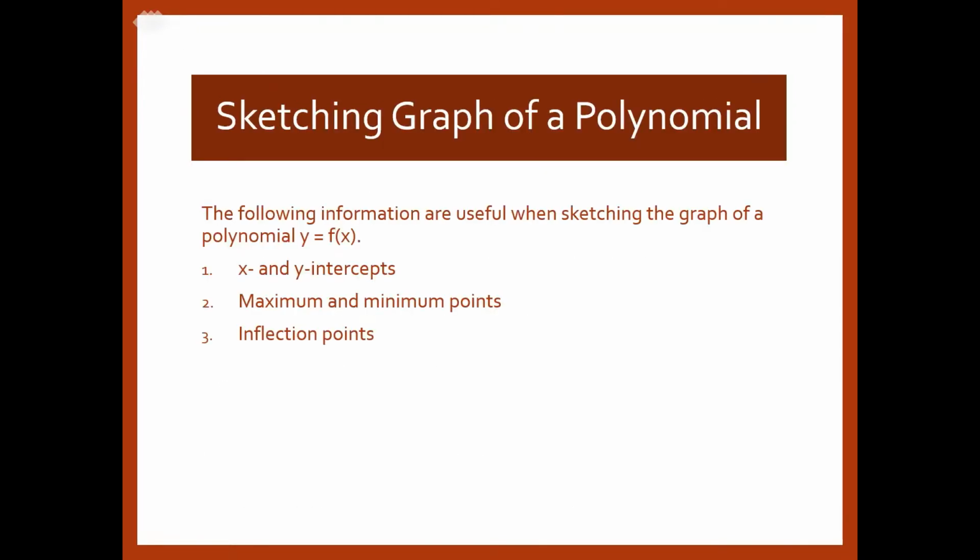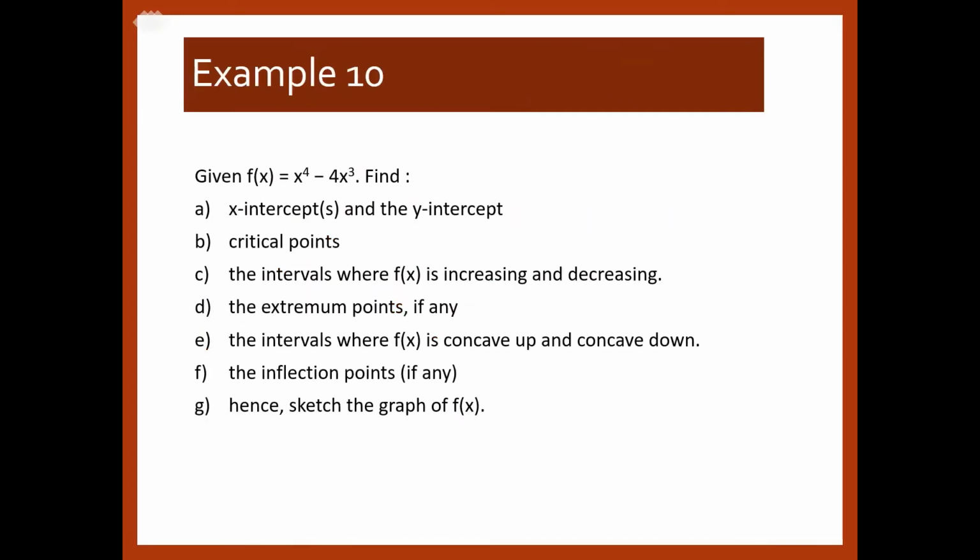When sketching the graph of a polynomial, the following information are useful: x and y-intercept, maximum and minimum points, and inflection points. Refer to example 10. Given a polynomial function in which you need to find those information and finally sketch the graph.